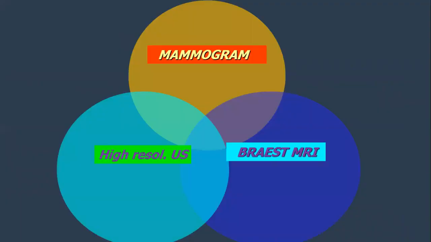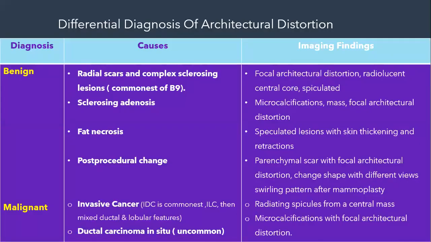Okay, so at the end, just to remind you, the differential diagnosis for architectural distortion. The commonest benign causes are radial scar and complex sclerosing lesion. These are the commonest. Then sclerosing adenosis, fat necrosis, post-surgical.